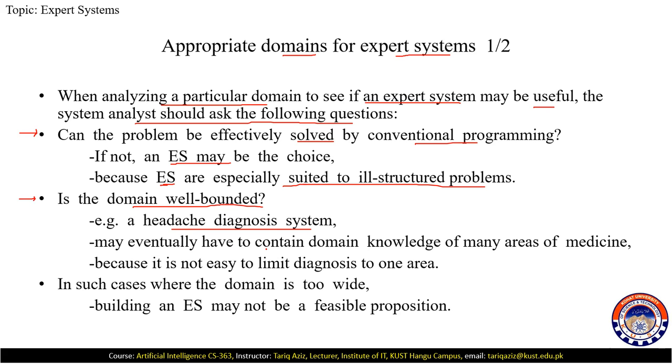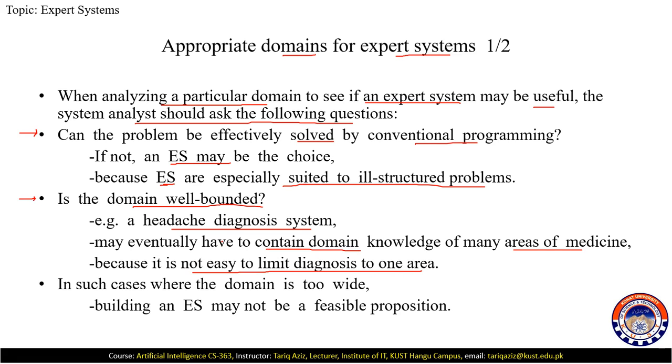Now we know that this domain is not well bounded, because the reasons for headache involve different areas of medicine. So that's why this domain is not well bounded. We cannot develop an expert system for such a system. Why? Because it is not easy to limit diagnosis to one area.